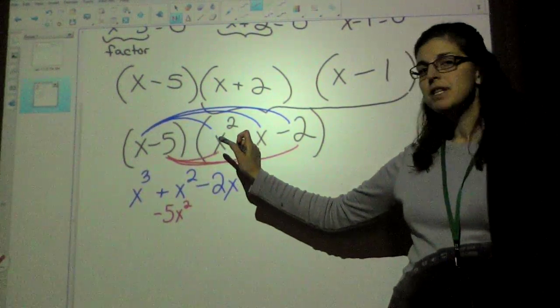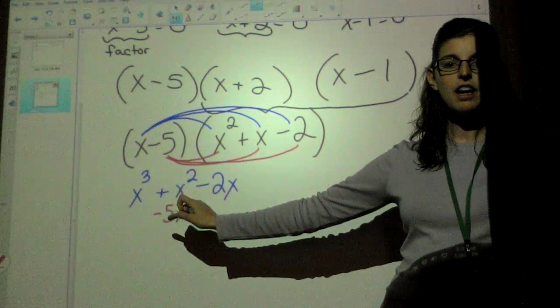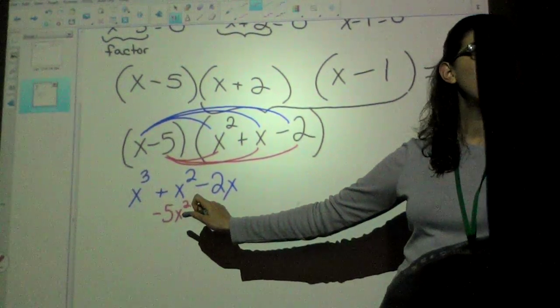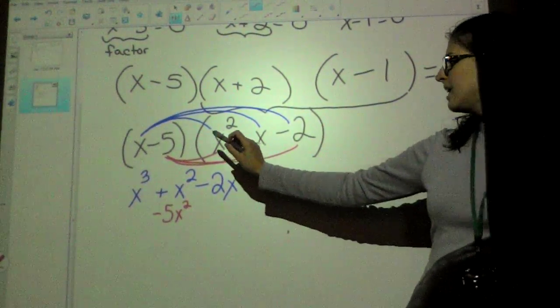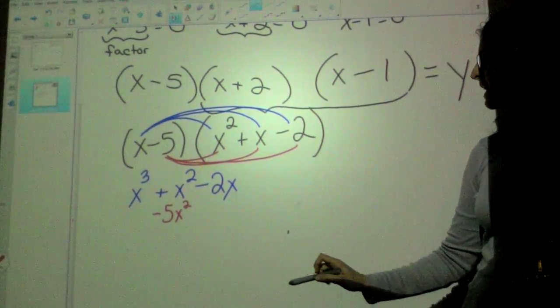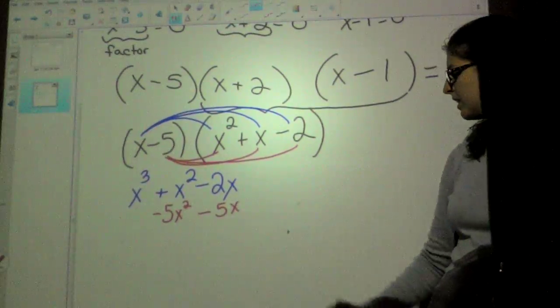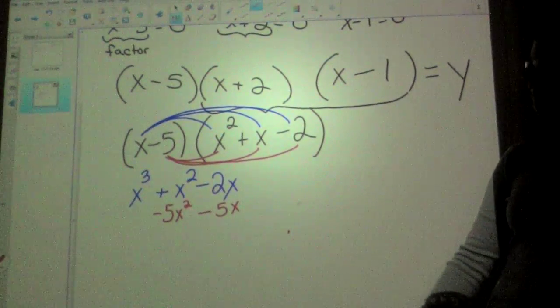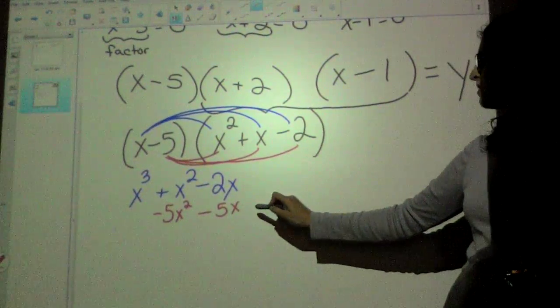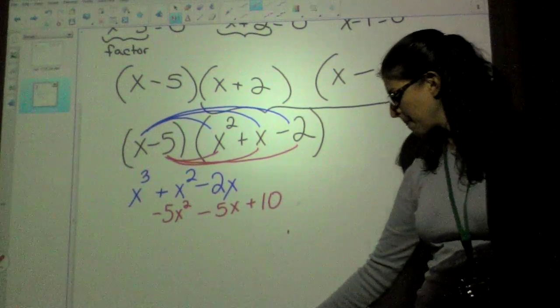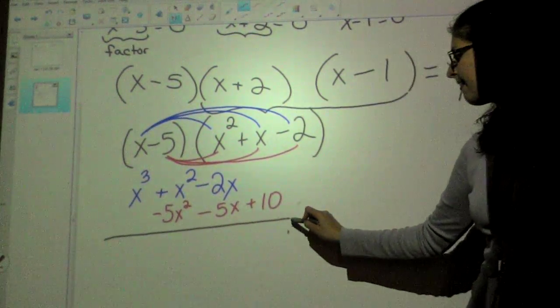Minus 5x times x squared, I'm going to put that underneath the other x squared term that I already have. Okay? And then minus 5 times x is going to give me minus 5x. I'm going to put that underneath the x's that I already have. And minus 5 times minus 2 is plus 10.